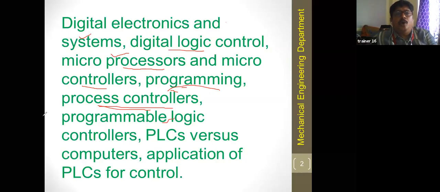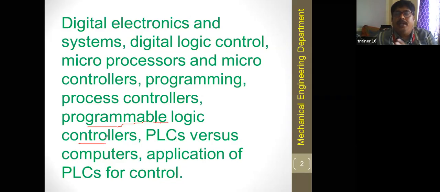And programmable logic controller. This is a very, very important topic. This programmable logic controller and microprocessor are very important. My advice to all of you is that nowadays PLC plays a major role.